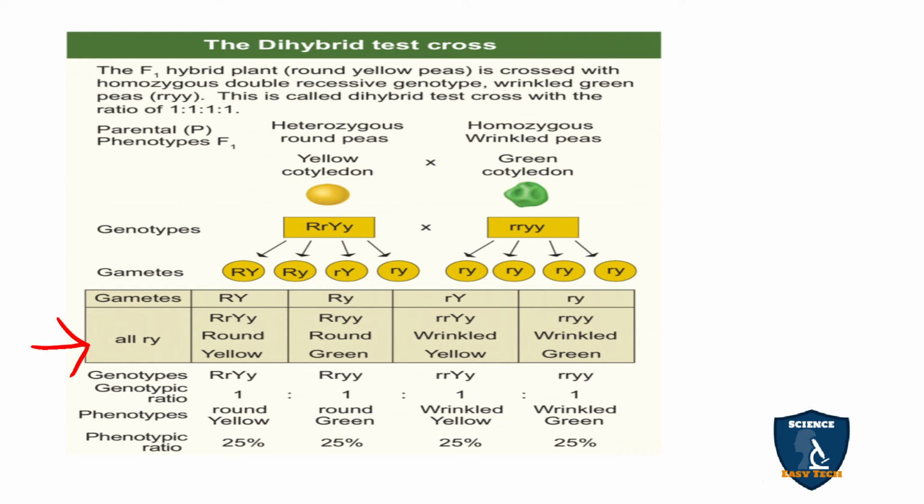Same as the monohybrid test cross, where a heterozygous parent crossed with the recessive parent gives a 1:1 ratio, here also you are getting a 1:1:1:1 ratio.